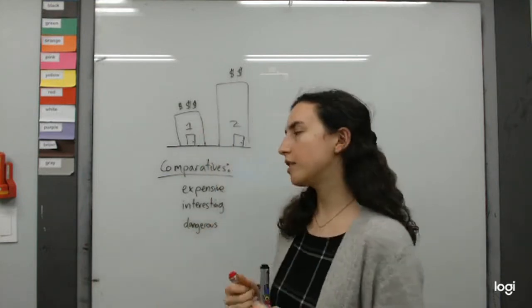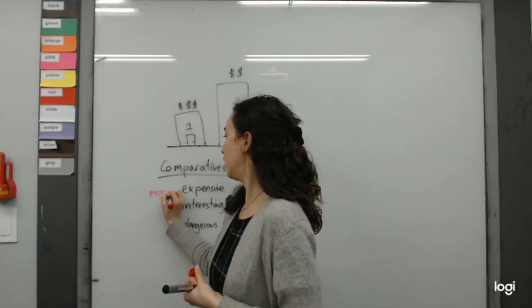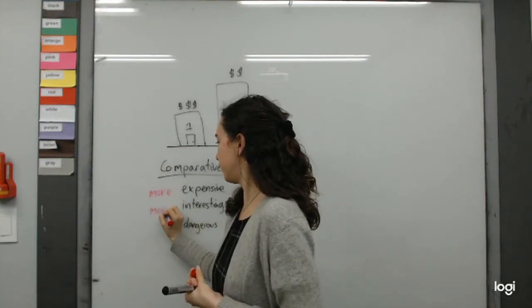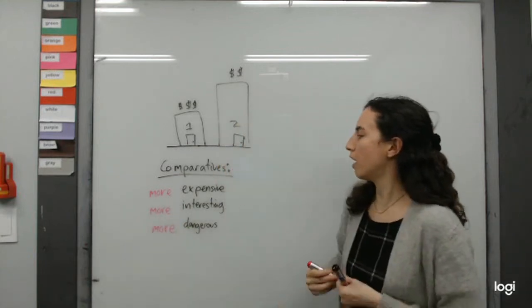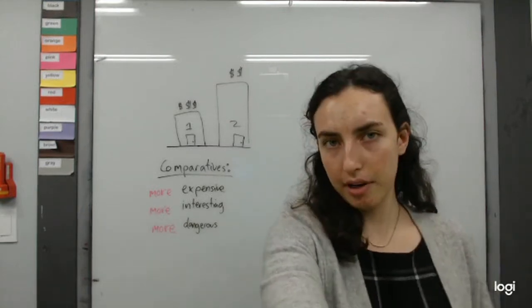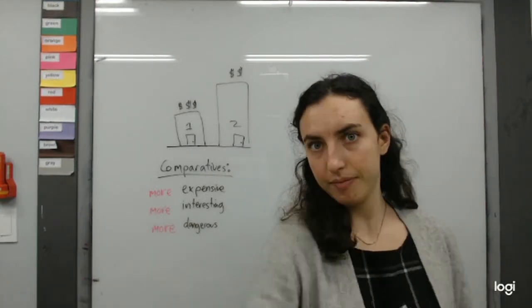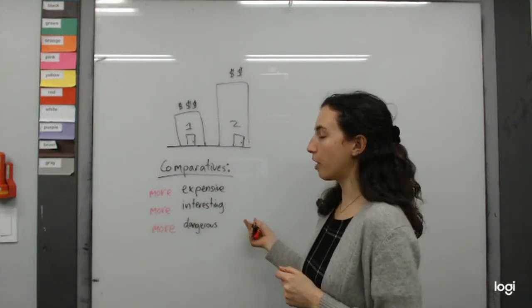And for these words, it is very easy. All you have to do is put more before. More expensive, more interesting, more dangerous. Now it is a comparative. Okay, so this is what you do for long words.